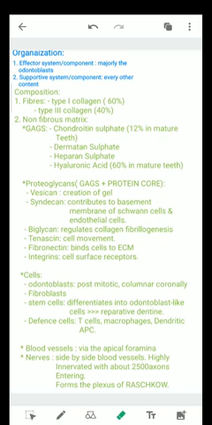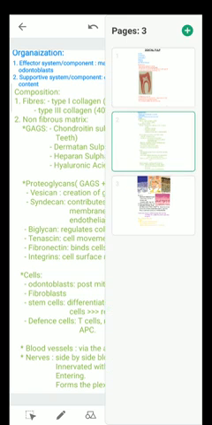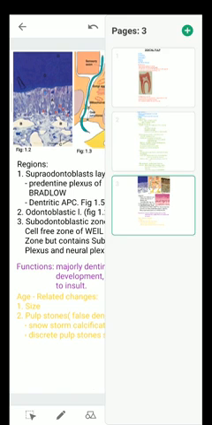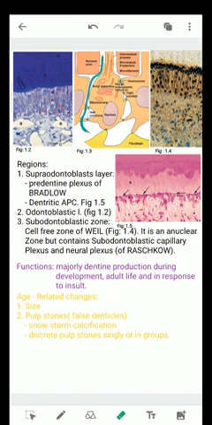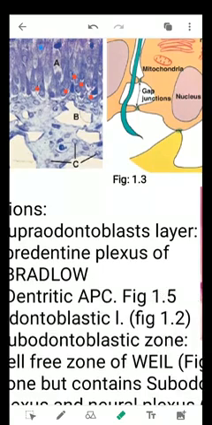Now, remember that the pulp or the dentine responds to stimuli. There are nerve terminals that run, as well as capillaries that run through the dentine. They pass the odontoblast layer into the predentine and then to the dentine. Let me show you what I'm talking about. Let me use this as an example.